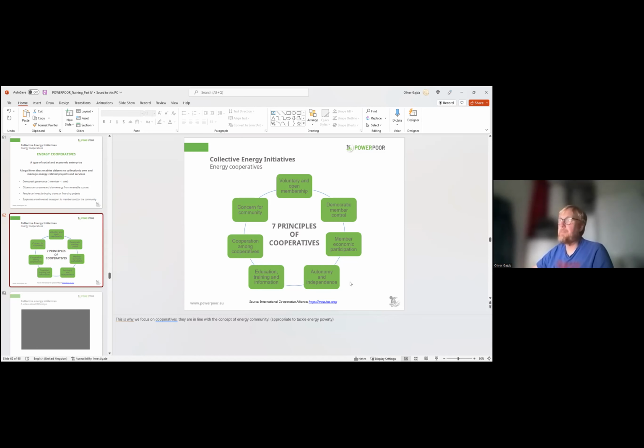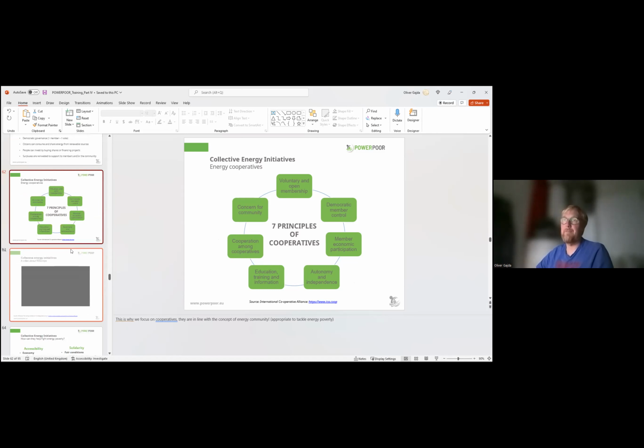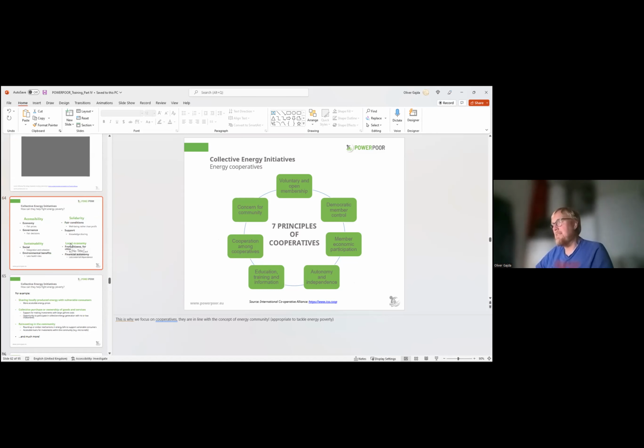It's run by the members for the members, and it allows for the development of the community and the representation of the community's interests. It can engage in education and training, both towards the community and outside, and it can better cooperate within the community, but also with external actors, because it has a different standing. There is a lot of information on cooperatives that we can see somewhere else.